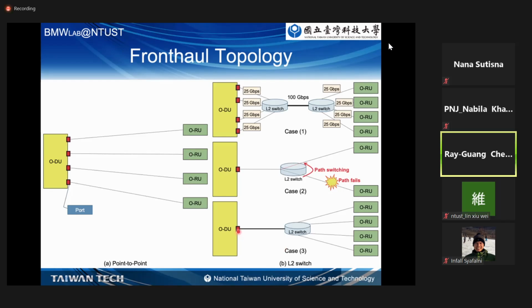So you can use a high-speed fiber, connect to a layer 2 switch, then use the layer 2 switch to bridge it to different RU. So case 3 actually is a simplified case of point-to-point. The main benefit is you can save the total cost of the fiber.